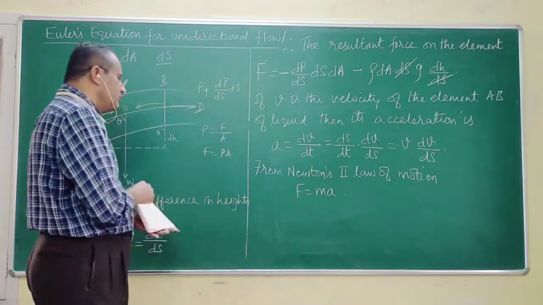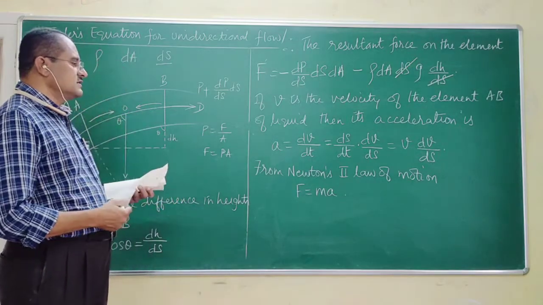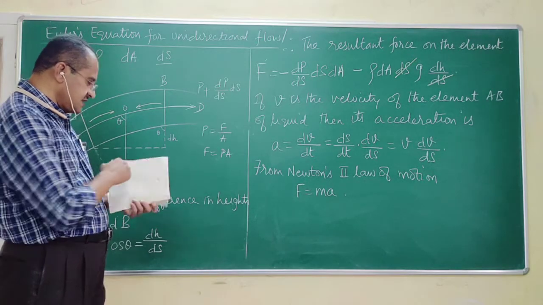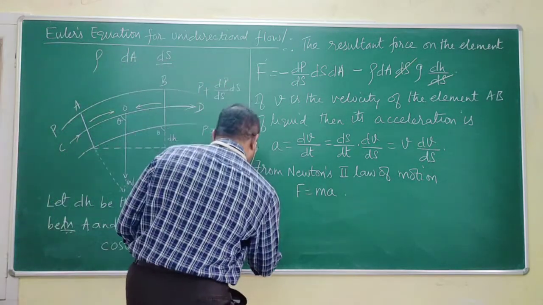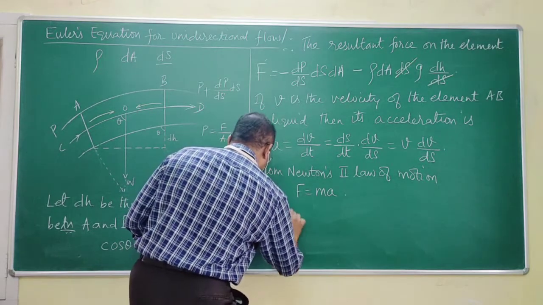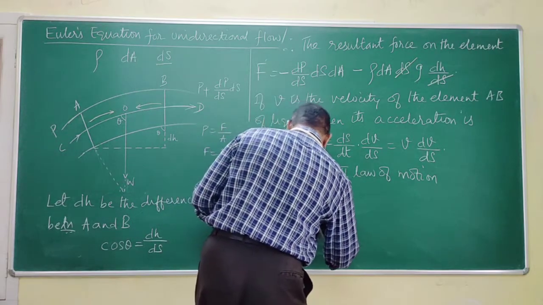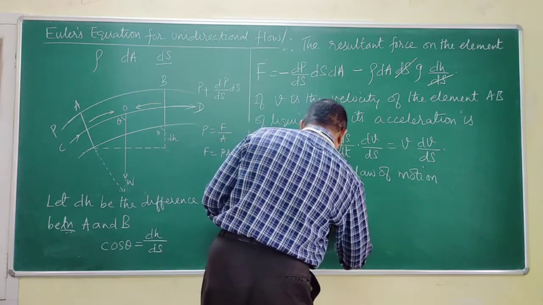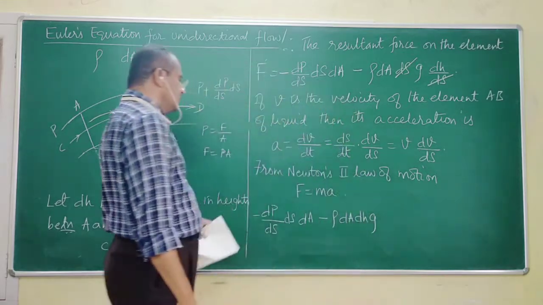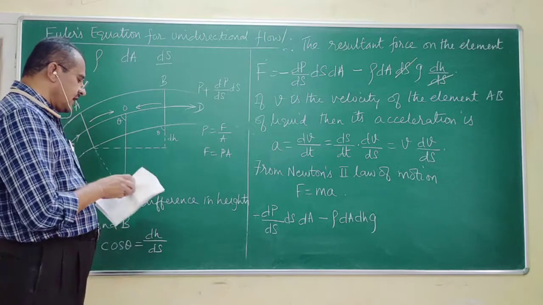Now if you look into the previous statement wherein we have said resultant force of the element is minus dp by ds into ds into dA minus rho dA dh into g. That is what we have written for resultant force.